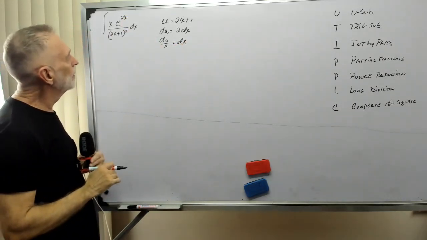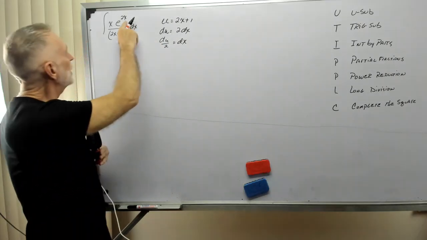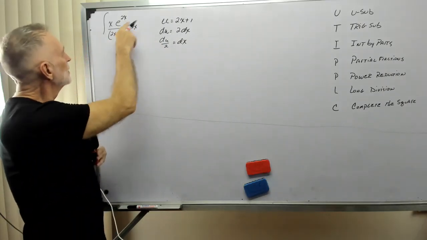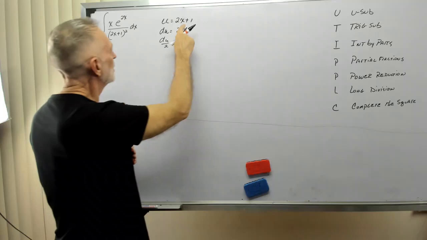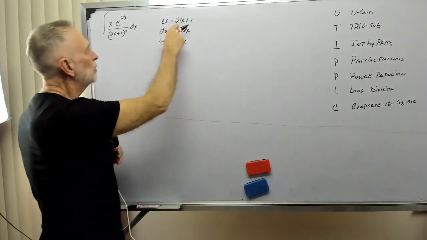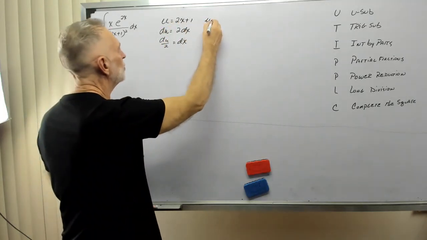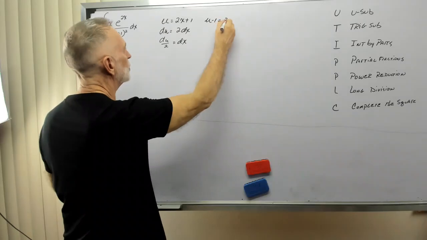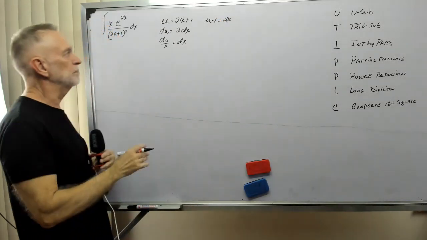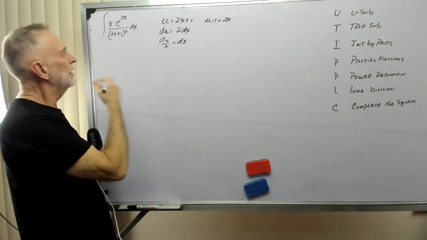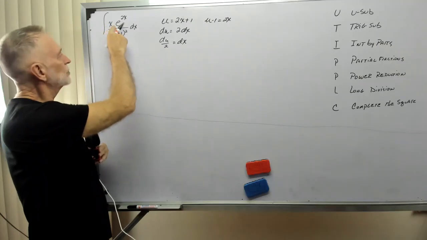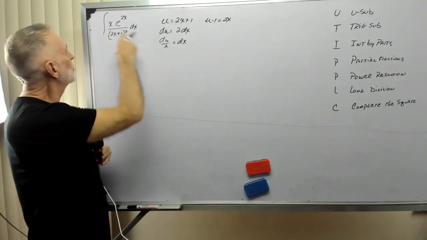Now then, I have a 2x here and a 2x there. If I subtract 1 from both sides, u minus 1 equals 2x. Awesome. But I have this x, and I'm not going to be able to get rid of it.